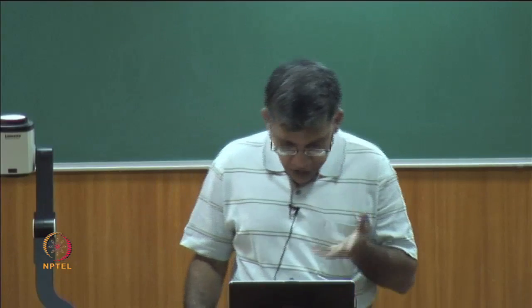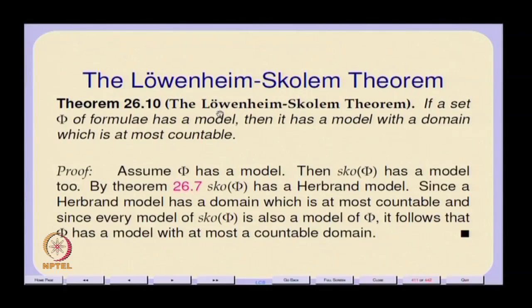And okay, so let us just quickly look at the proof. This is actually a very simple proof, but philosophically it has a great deal of influence. What it shows is that we are not particularly limited, even if we are talking about the first order theory of the reals.